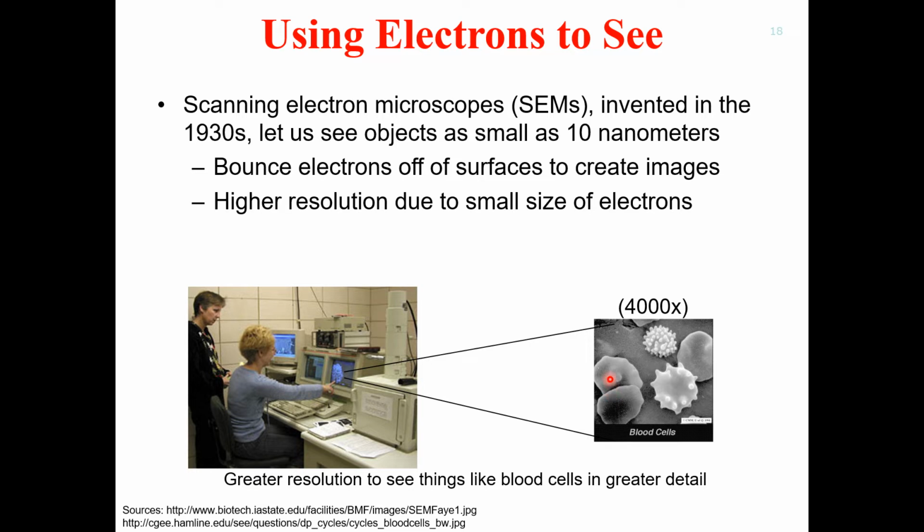You can imagine that the electron is almost 2000 times smaller than the mass of the proton or the neutron. So the electron is significantly small, and its smaller wavelength allows us to see smaller scale objects. Due to the smaller size of the electron, we get high resolution of the materials.